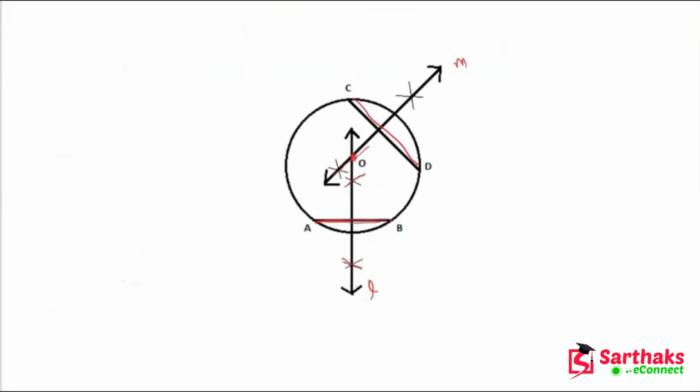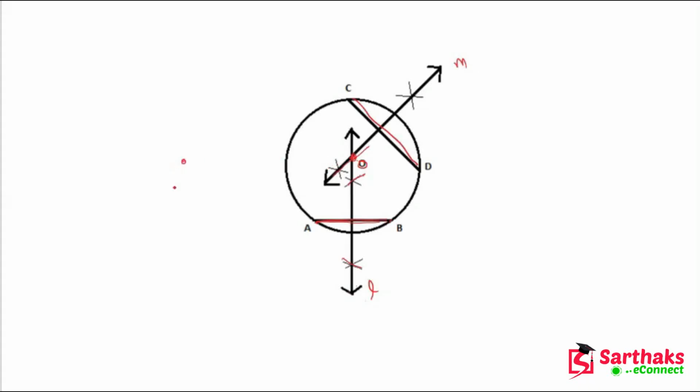I hope you get this point. So the intersecting point of these bisectors is the center O of the circle. Now we have a center, and following the steps we did in case 1, you can draw the tangents of the circle.